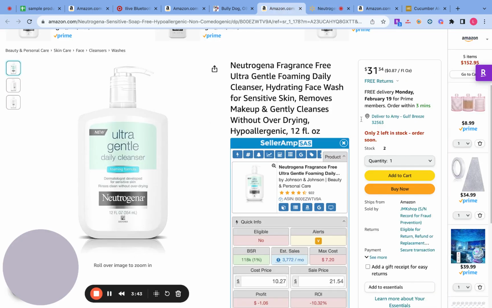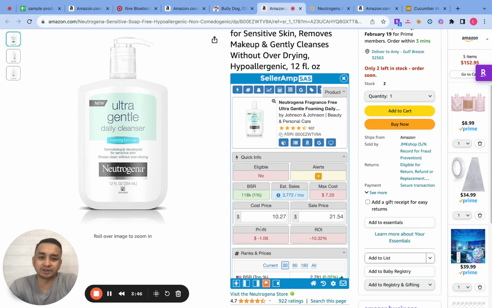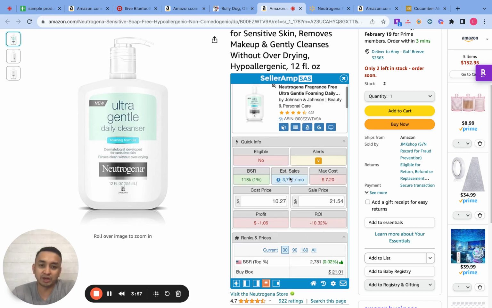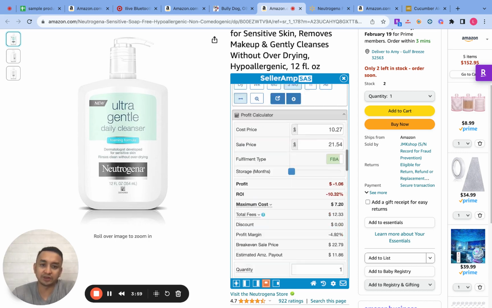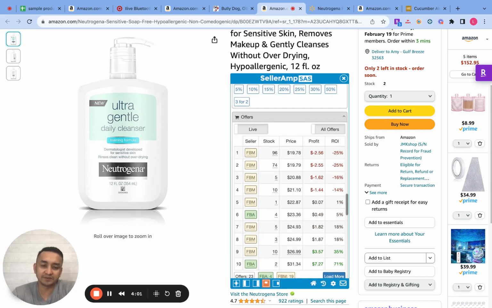And then from here, I would plug in the numbers again. So $10.72 is the price of the product. Sale price is $21.54, which gives us a negative 10% ROI, right? I usually like to look at the other sellers to see if there's anything good here, but obviously these other sellers are pricing this product as low as $19.78, which gives you a negative 25% ROI.